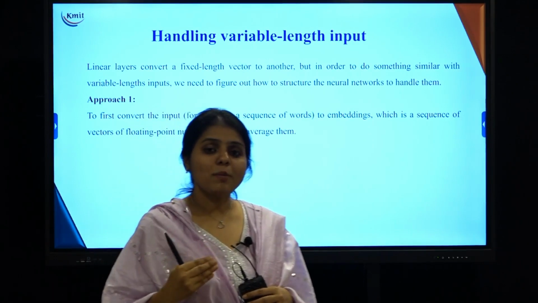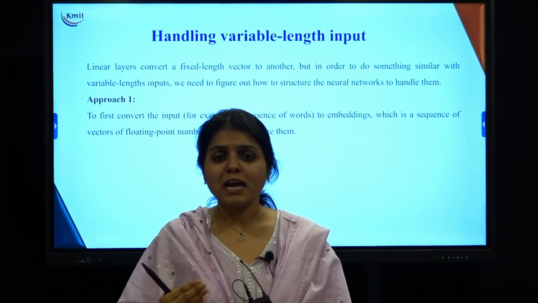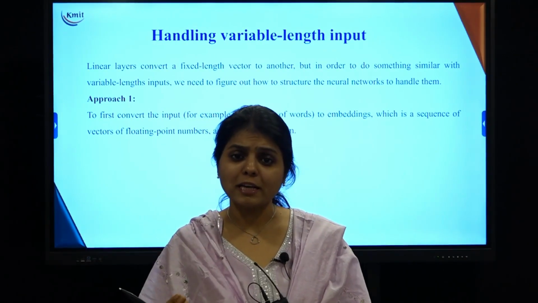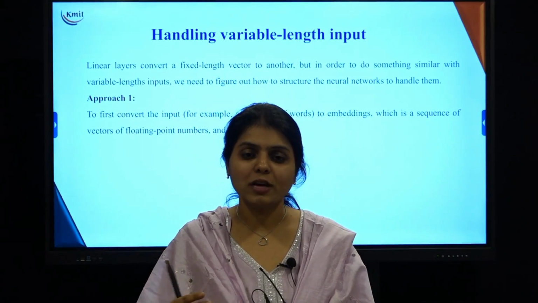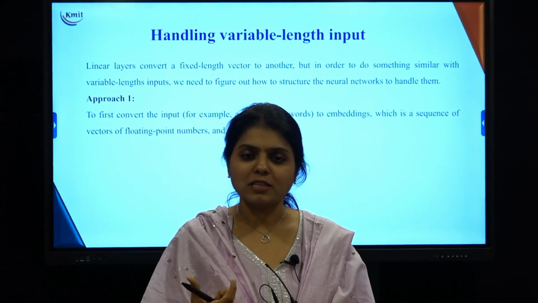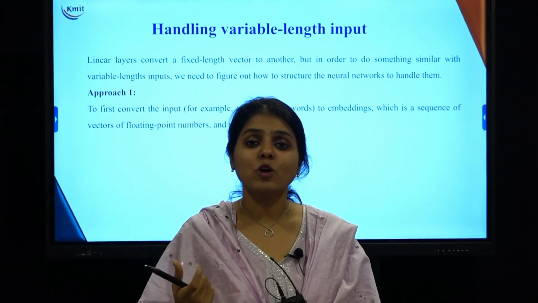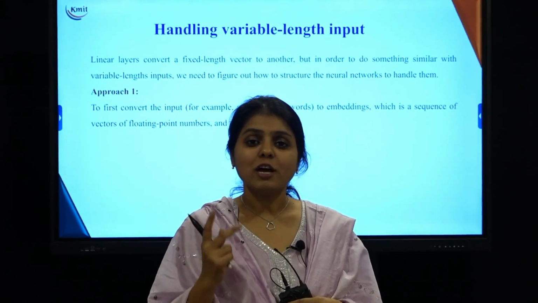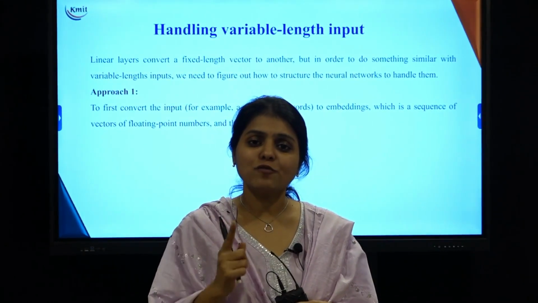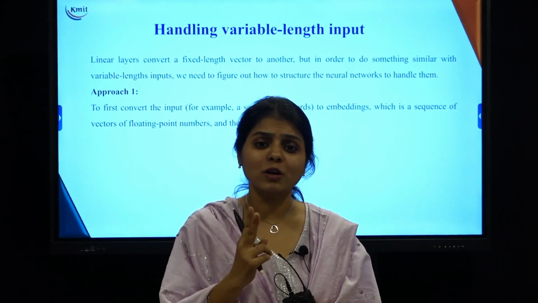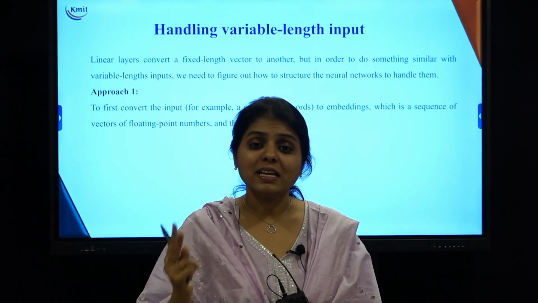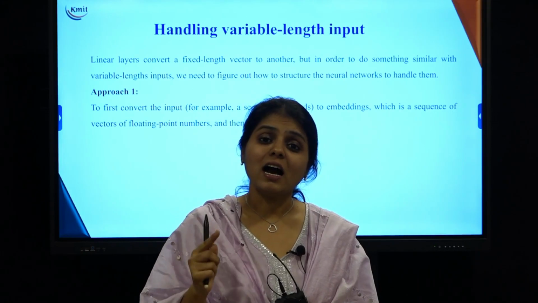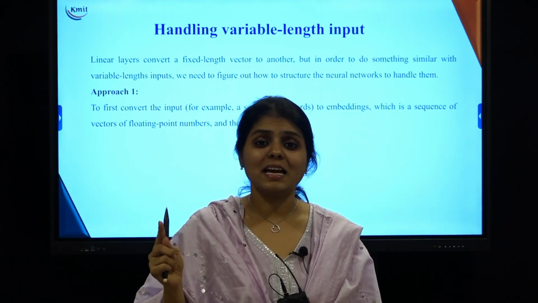Now when I talk about a paragraph, I may have n number of sentences in the paragraph with varied lengths. Let's say "I am Asha, I am working in KMIT." So I have 2 sentences here, in which the first sentence has only 3 words, "I am Asha", and the second sentence has 5 words, "I am working in KMIT".